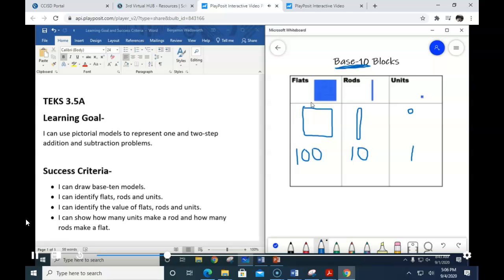So how many units do you think make a flat? If you answered 100 units, you're right. How many rods make a flat? The answer is 10. So, in order to make a rod, we have to have 10 units, right? And then in order to make a flat out of rods, we have to have 10 rods.